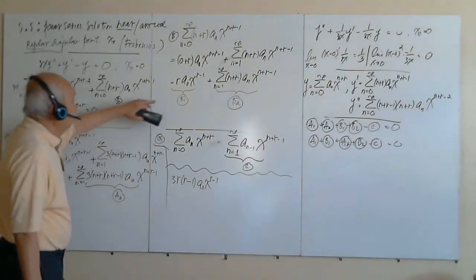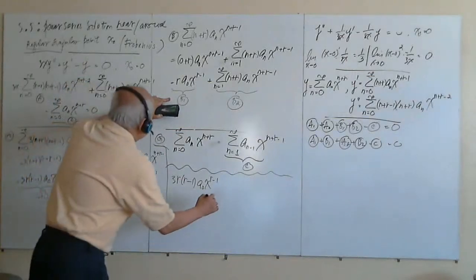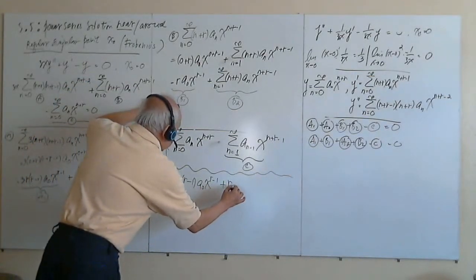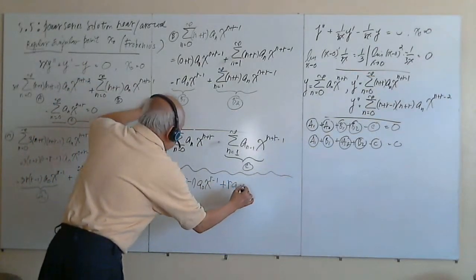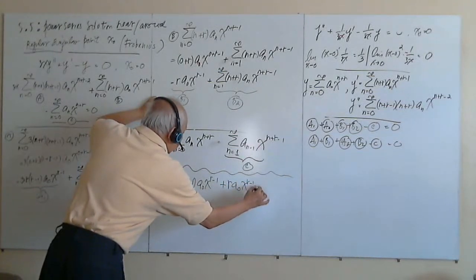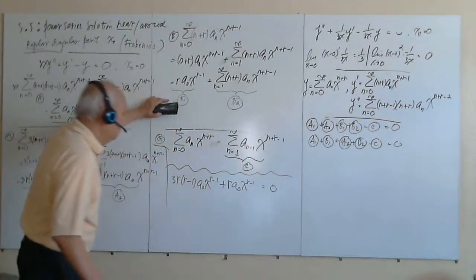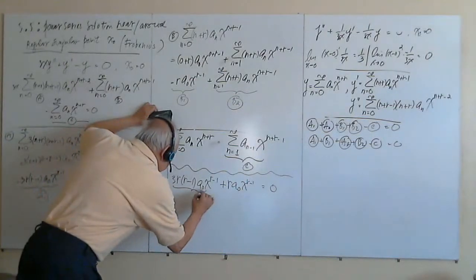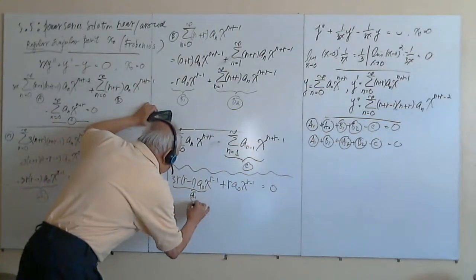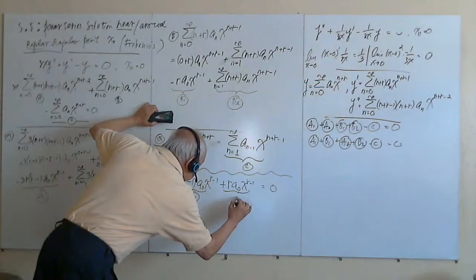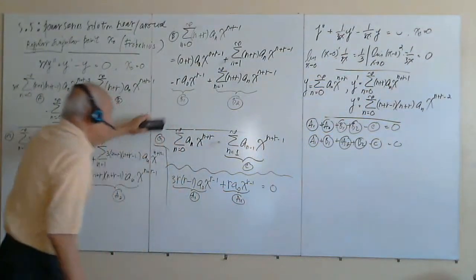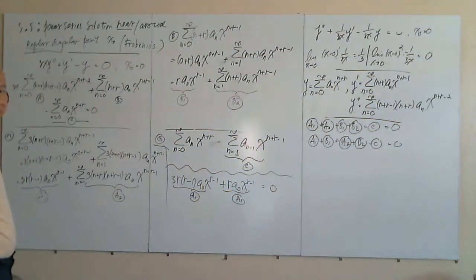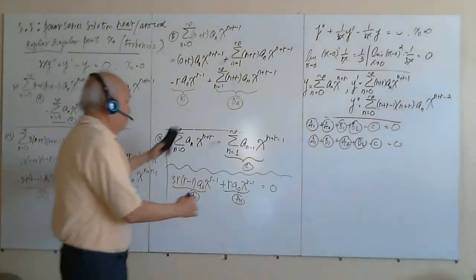And then B1 is this one. B1 here is going to be plus r a sub 0 x to the r minus 1. This one has to be equal to 0, right? So this one here is what I call A1, and this one here I call B1.